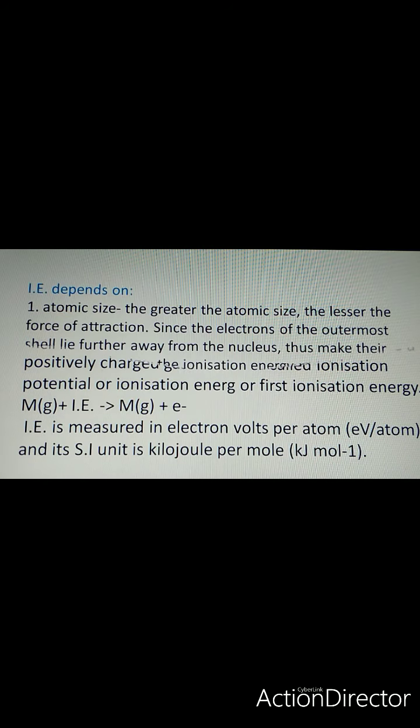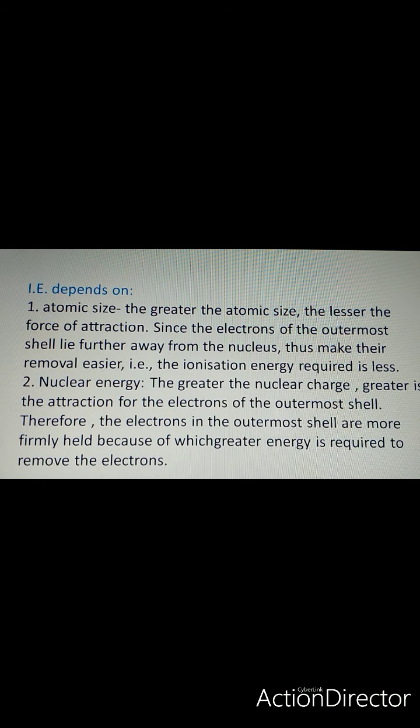Then it depends upon atomic size. The greater the atomic size, the lesser the force of attraction, since the electrons of the outermost shell lie further away from the nucleus, which makes their removal easier. That is, the ionization energy required is less. So if the atomic size is great, then the ionization energy will be less.